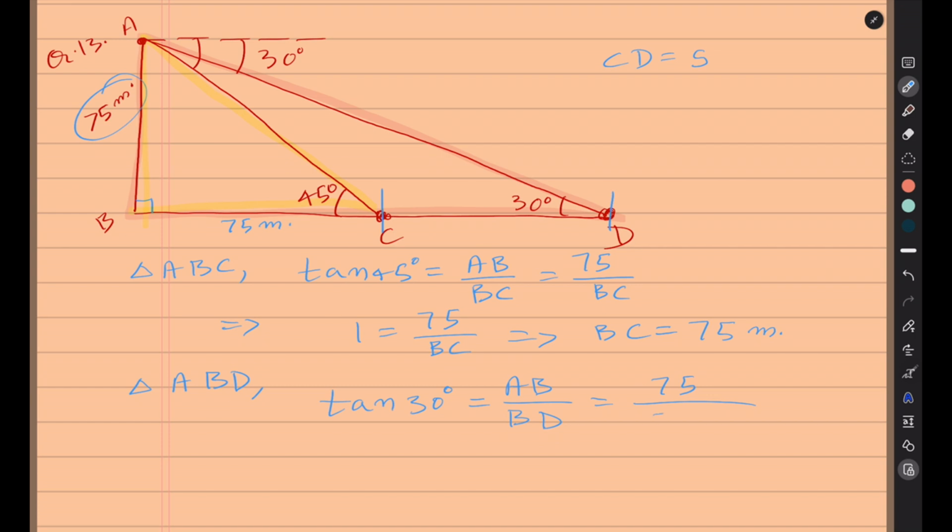So BD is basically 75 plus CD, which we have actually defined as S, distance S. Either you can write S or CD, it doesn't matter. So here tan 30 degree is equal to 1 divided by root 3, and then 75 divided by 75 plus CD.